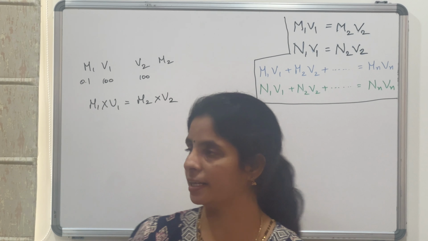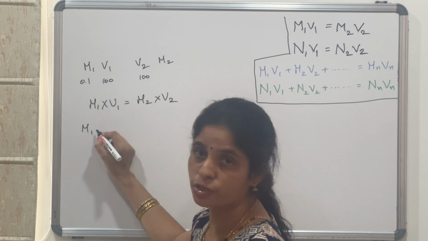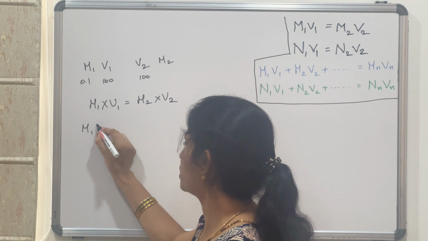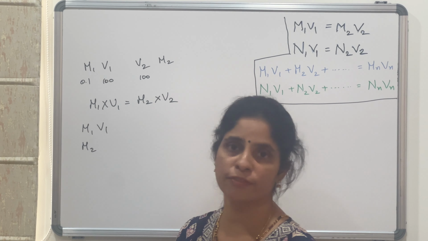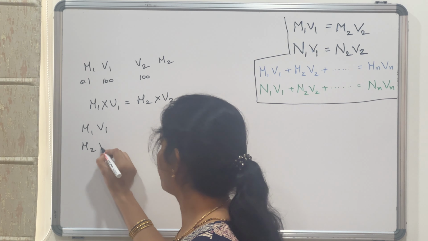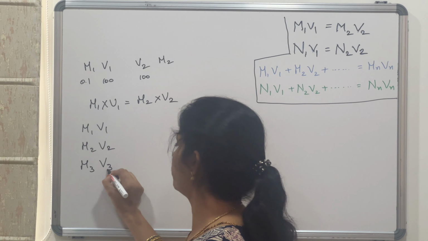Okay. Similarly, you have a solution with concentration M1 and volume V1, a second solution with concentration M2 and volume V2, a third solution M3 with volume V3, and so on.